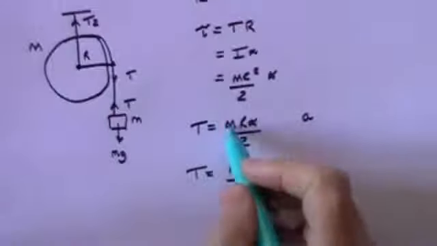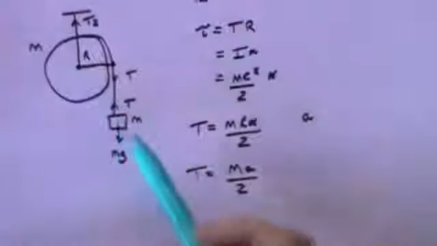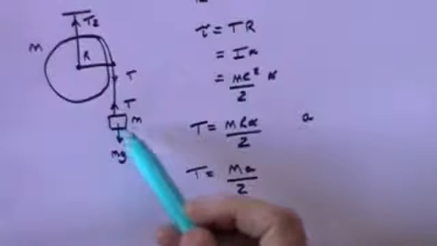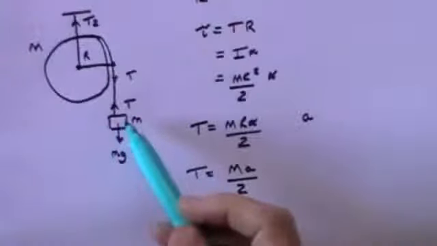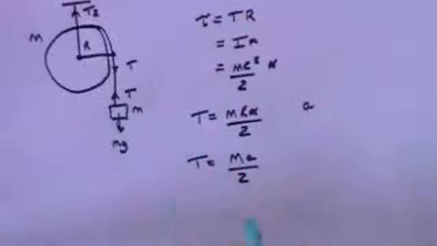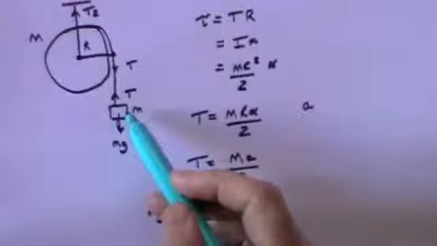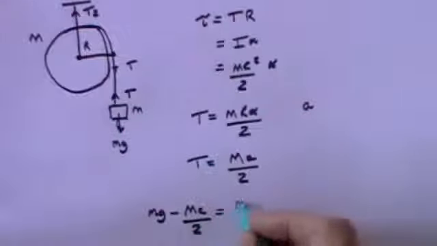Just a reminder that all the capital M's are the mass of the disk, all the little m's are the mass of the block here. And so the force downwards is mg, minus the force upwards, which is T, which is Ma over 2, will be the net force acting downwards, and that's going to be ma.